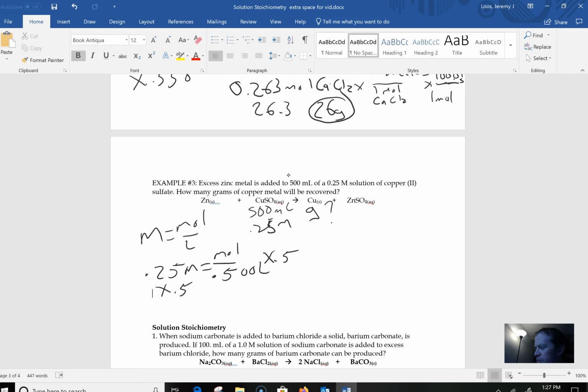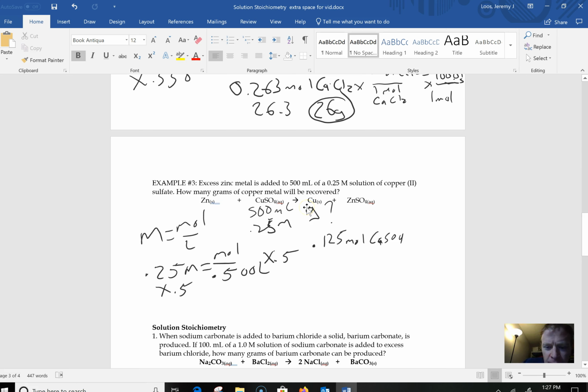And so that is 0.125. So I have found moles, CuSO4, that's a U. I found it in a little bit of a different way than we did in the stoichiometry problems to begin with, but still, like in all stoichiometry, we need to work with moles.